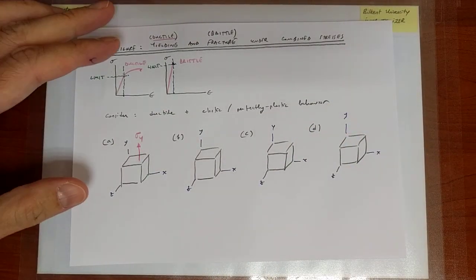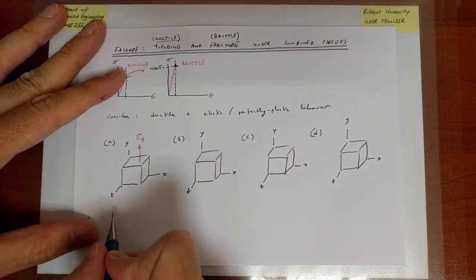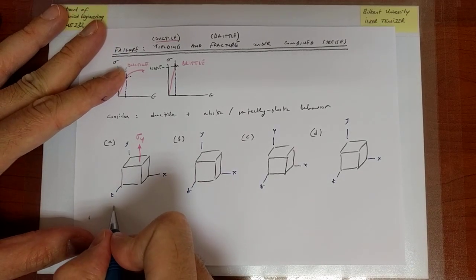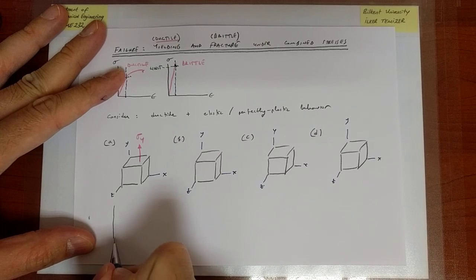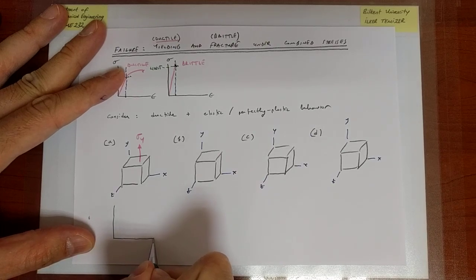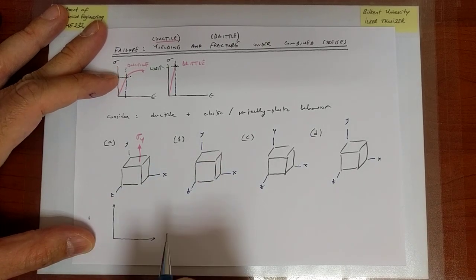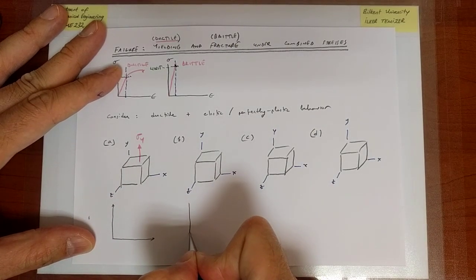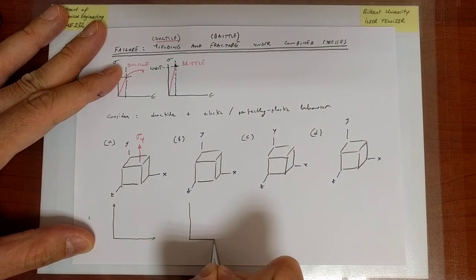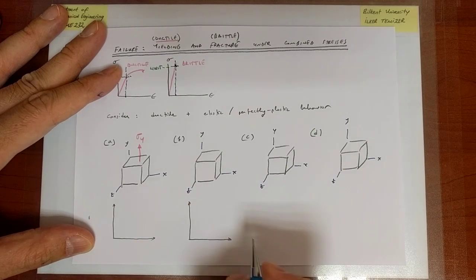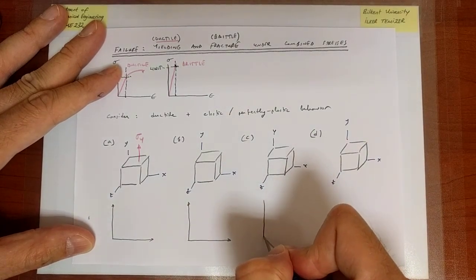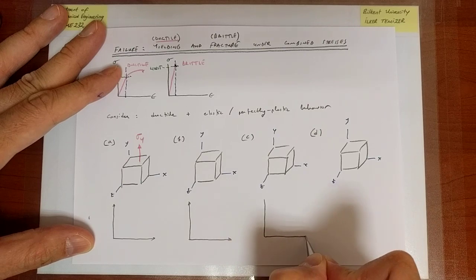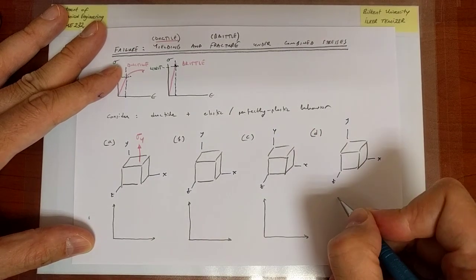Okay. And what I will additionally draw underneath each curve is the stress-strain curve that I expect to extract from this test. Now, the stress-strain curve is typically done in a uniaxial setting. And if we have multiple directions of loading, the question is which stress and strain shall we monitor?